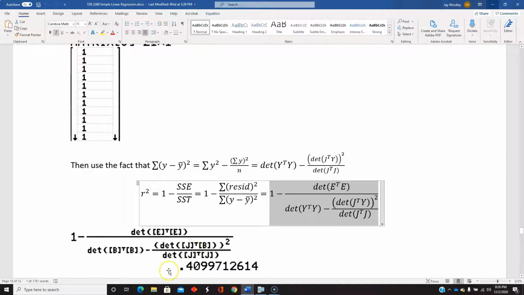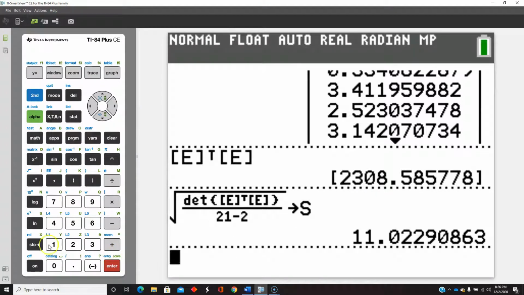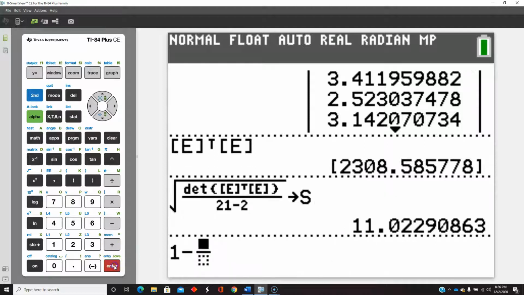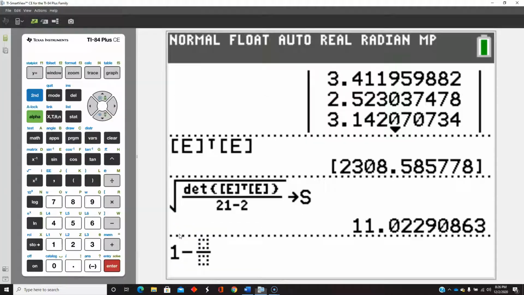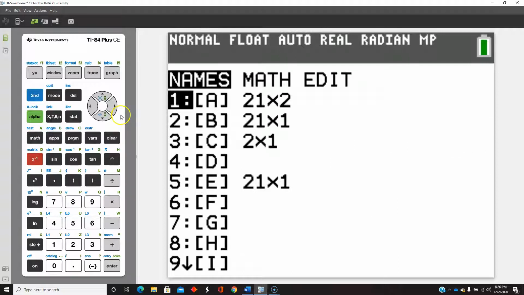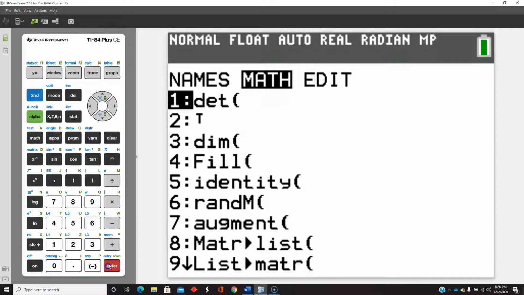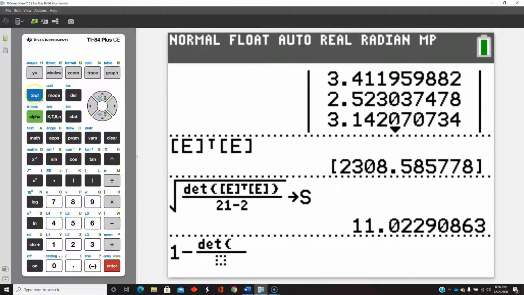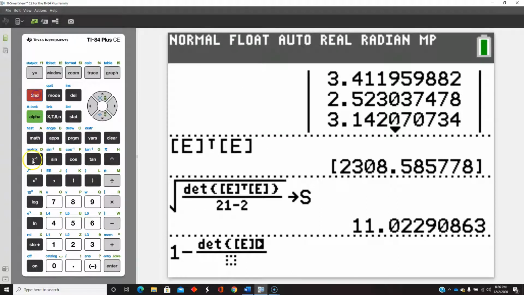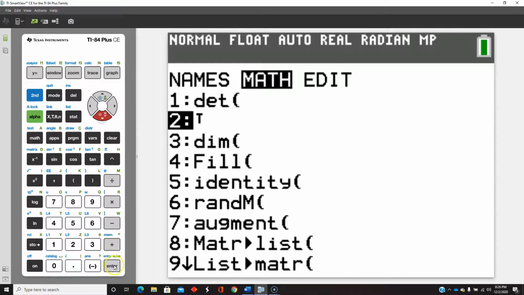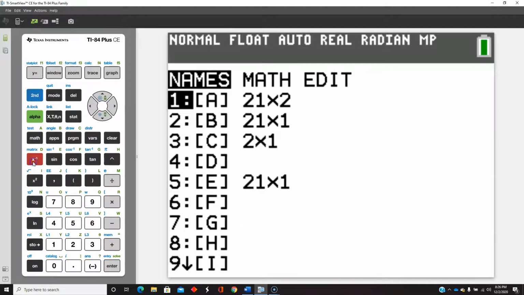So 1 minus a big hideous fraction. And in the numerator of that fraction is just the determinant of E transpose E. So second matrix math, determinant of E transpose E.